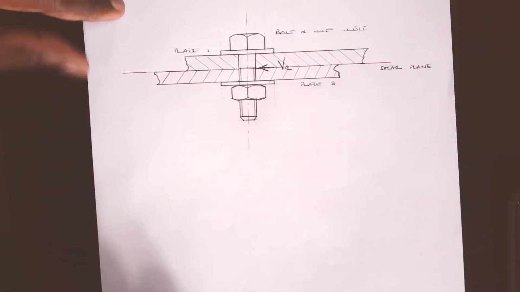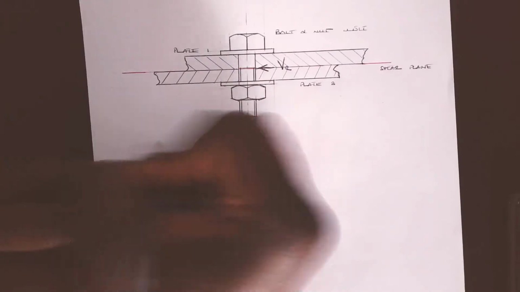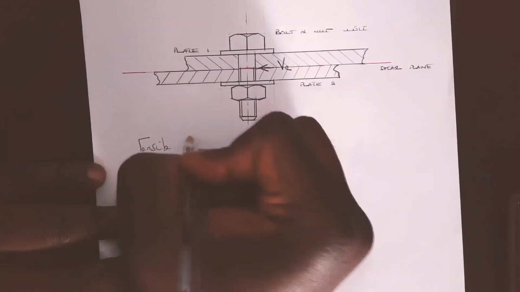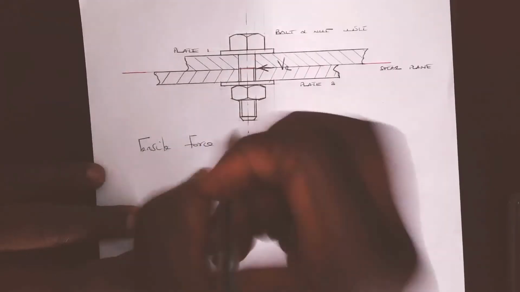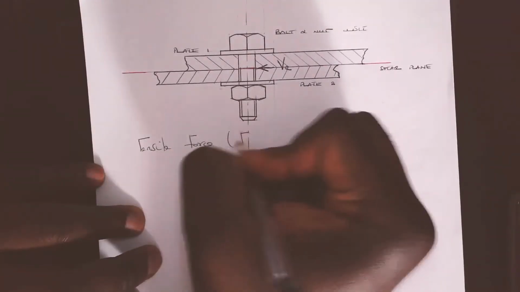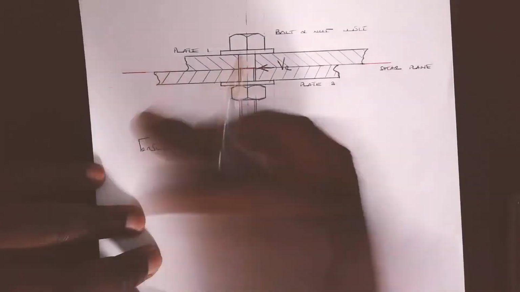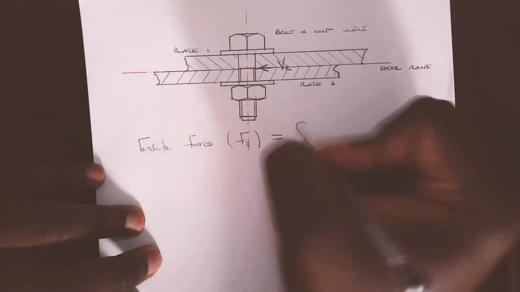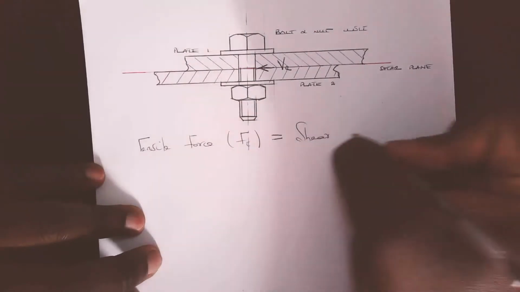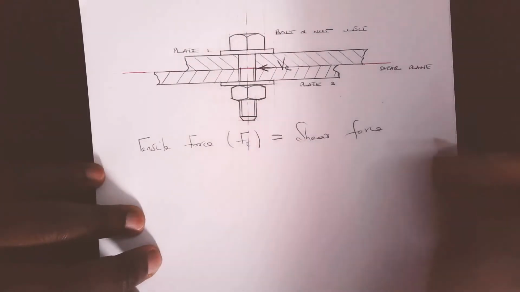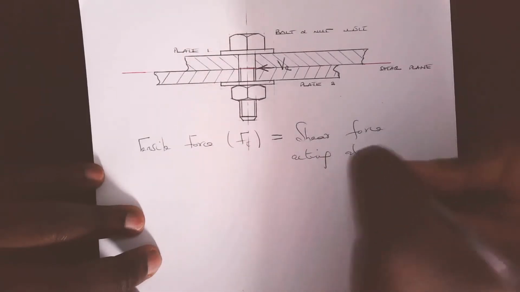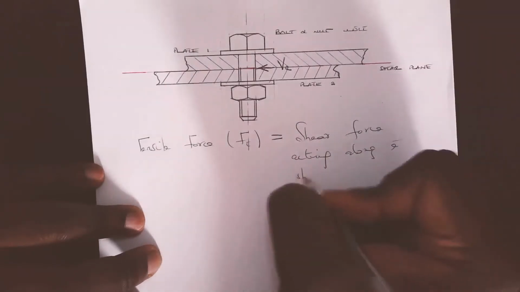In the question, we're given some information that the tensile load, the tensile force pulling the plate, let's call that FT. We're just going to create some form of shear force acting along the shear plane.